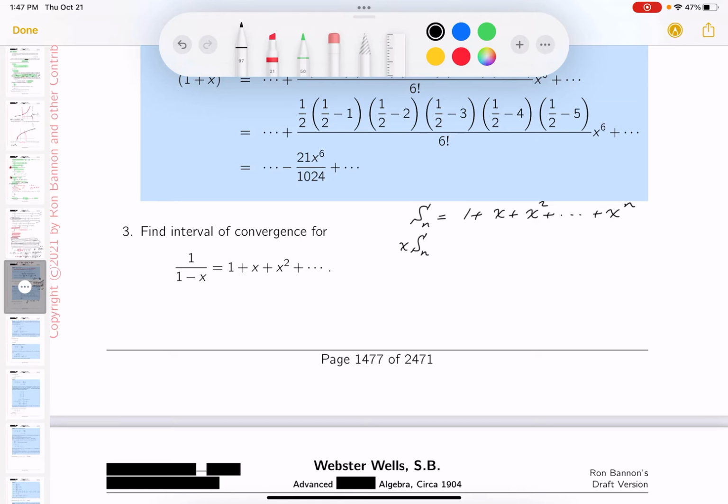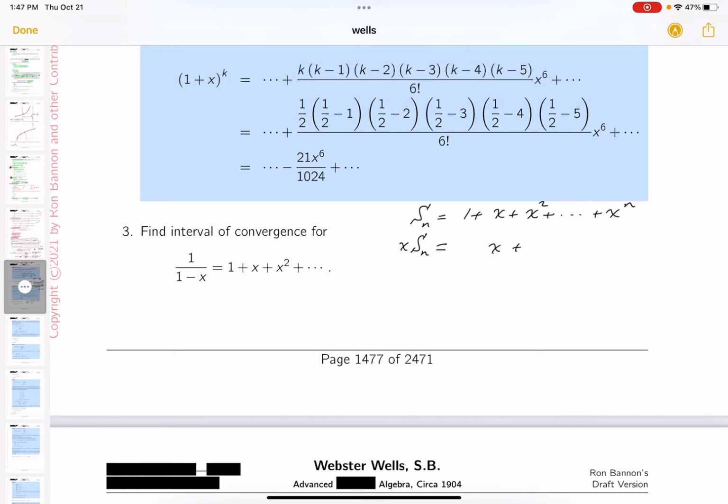This is called the nth partial sum. You would get x plus x squared plus yada, yada, yada, x^n plus x to the n plus 1. What I do next, I subtract. And I would get Sn minus x Sn equals, well, kind of looking at that, if I subtract it, I notice a lot of things disappear, right?